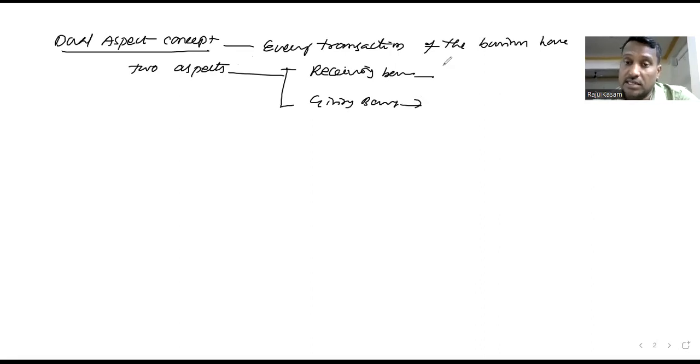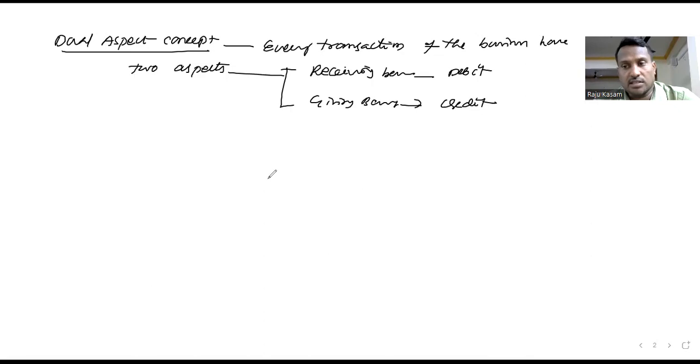In accountancy, the receiving benefit is called debit and the giving benefit is called credit. So every transaction has two aspects. Dual means two, so aspects means two benefits. Every business transaction has two benefits, the receiving benefit and the giving benefit. The receiving benefit is called debit and the giving benefit is called credit.